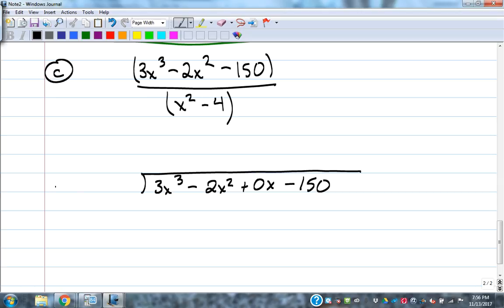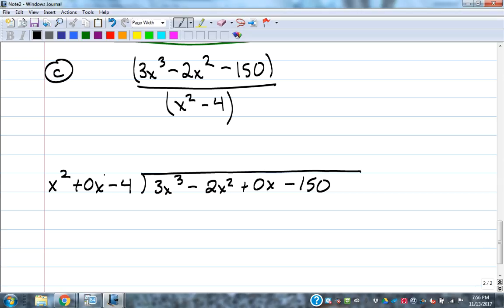What goes on the outside? Well, we got a missing piece out there too. Plus 0x minus 4. If you leave out that missing piece, what I've always seen happen over the last several years of teaching the higher level maths in high school and then these classes here is that folks that leave out those missing pieces quickly get confused because stuff doesn't line up.